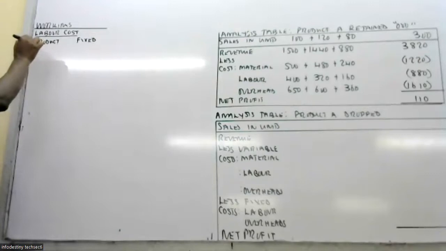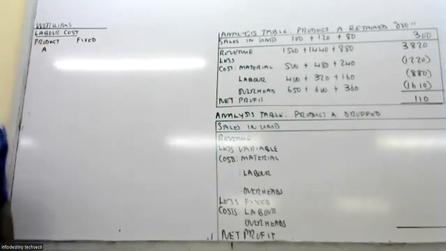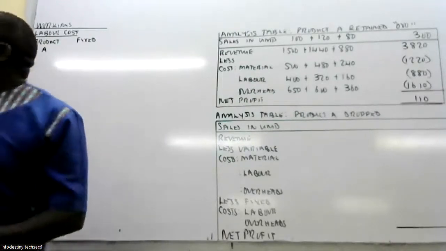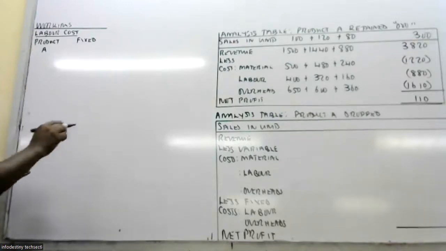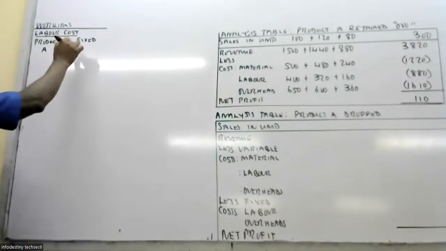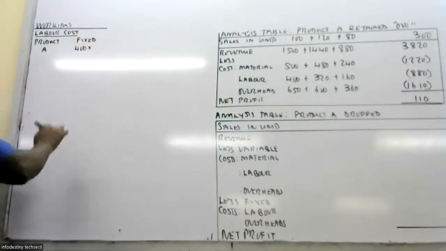So let's start with the product A. The total labor cost for A ni 400. Na tumeambiwa what percent is fixed?